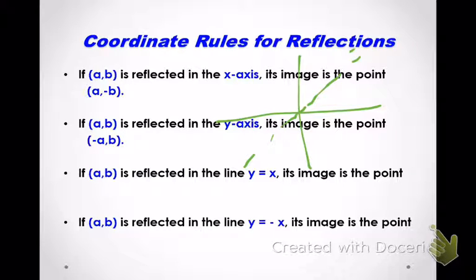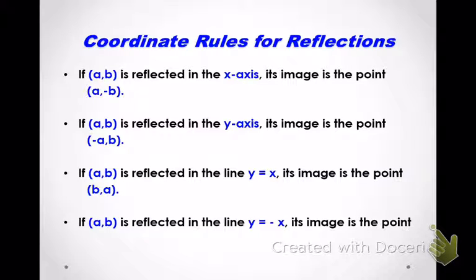If we reflect across that diagonal line, it is best to memorize this. You just switch the points. A and B flip positions. You don't change any signs. You just switch the order. It becomes B, A. That's if you have a positive slope diagonal line.